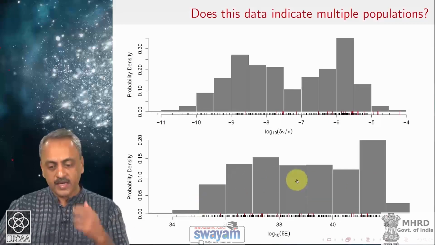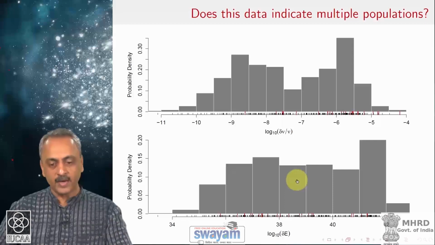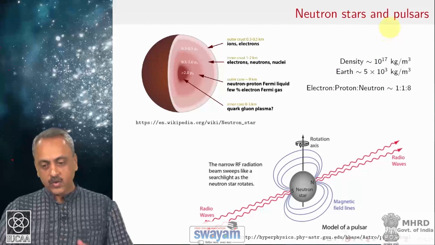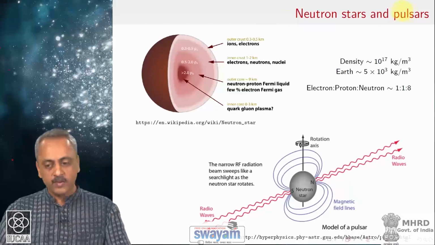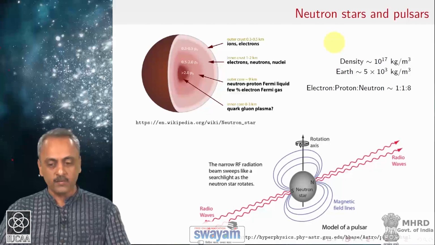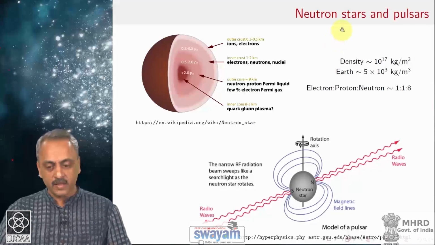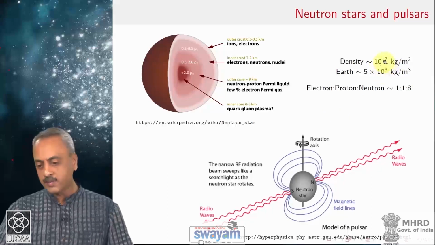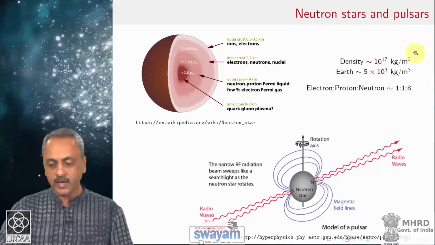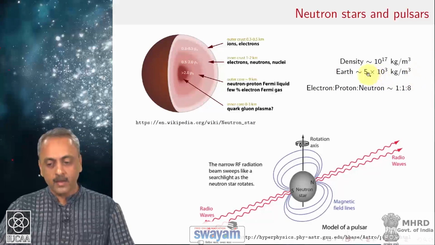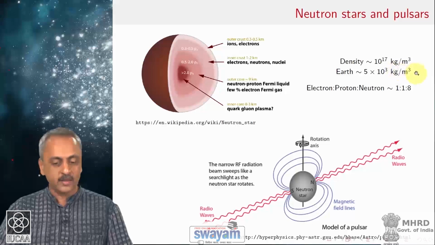Let us understand where this data is coming from, and I think that will make the context clear. There are entities called neutron stars, some of them are pulsars. Neutron stars are some of the densest objects in the universe. The density of a neutron star is something like 10 to the power 17 kilograms per meter cube, whereas Earth density is in a few thousands of kilograms per meter cube.